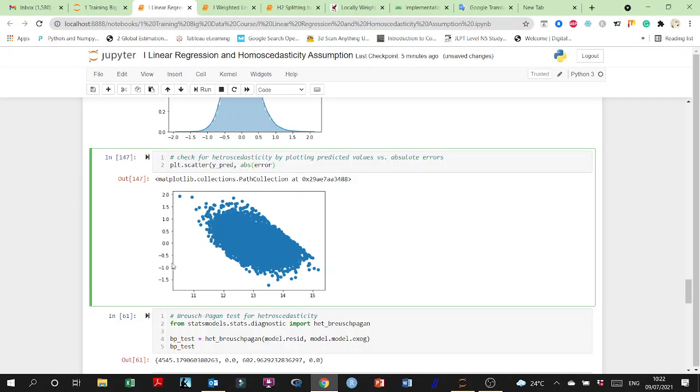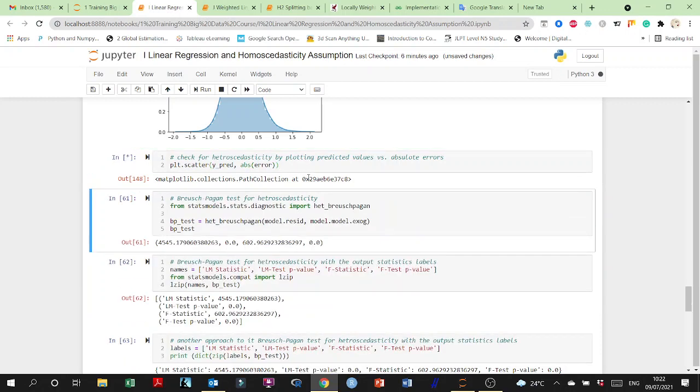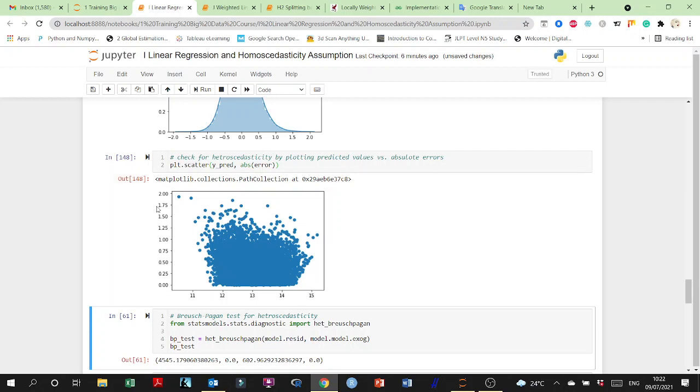This is just the direction of the error. So as you can see here, it goes from 1 to 0.5, minus 0.5, minus 1. It's just the location of the error. So usually we take the absolute error. Taking the absolute error, this is the test for heteroskedasticity, to check the homoskedasticity assumption.